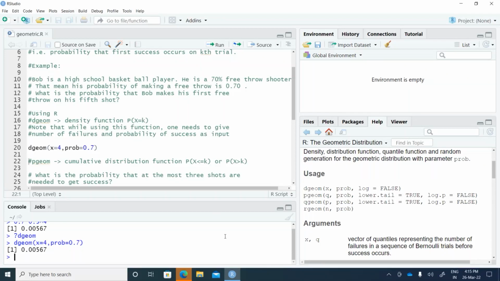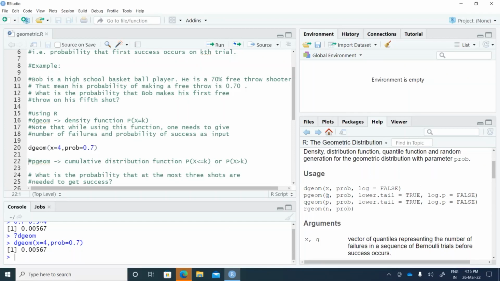So here on the right-hand side, in this window for plots, if you can see this pgeom, here you need to substitute q. What is this q? Again, q is the number of failures you need to enter before whatever success you are mentioning.